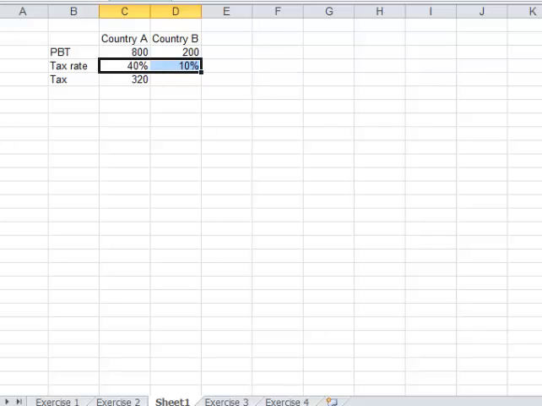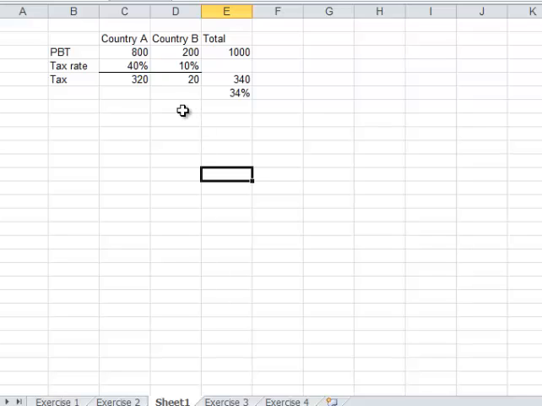So I would get a 320 annual provision and a 20 over here. Okay, so let's say that this is what I thought my annual forecasted tax rate was going to look like.